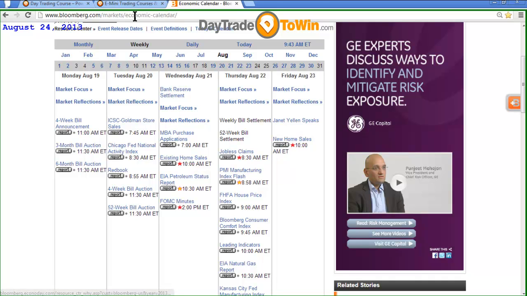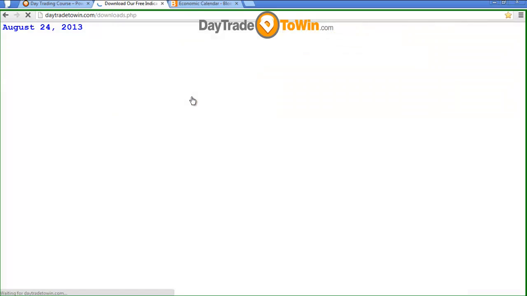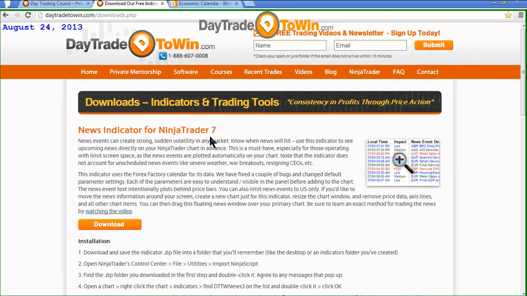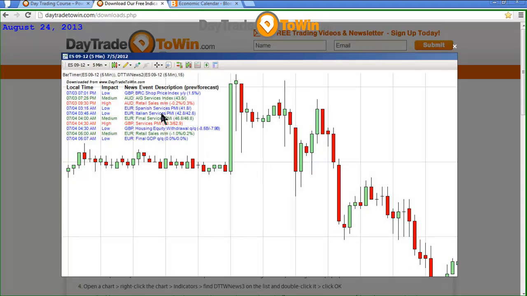I also have here, if you go to software, and I have a lot of free stuff that's available, free downloads. You have here a news indicator for NinjaTrader 7. It's an actual indicator that plots on your NinjaTrader charts. So you see here, right on your chart, up to the minute, it refreshes. Every minute, you're going to have an indicator that tells you to look out for a high priority.